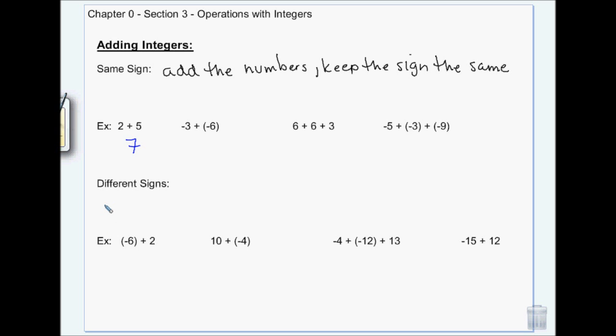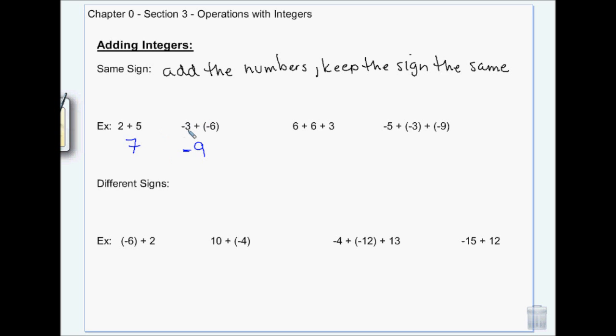That's not a problem. It gets confusing when you throw the negatives in there. So if I have -3 plus -6, they match, so I'm going to combine them. 3 and 6 is 9, and because they're both negative, so is the 9.